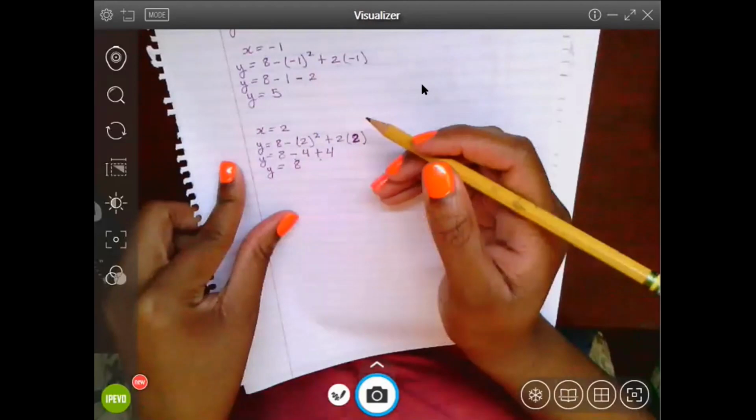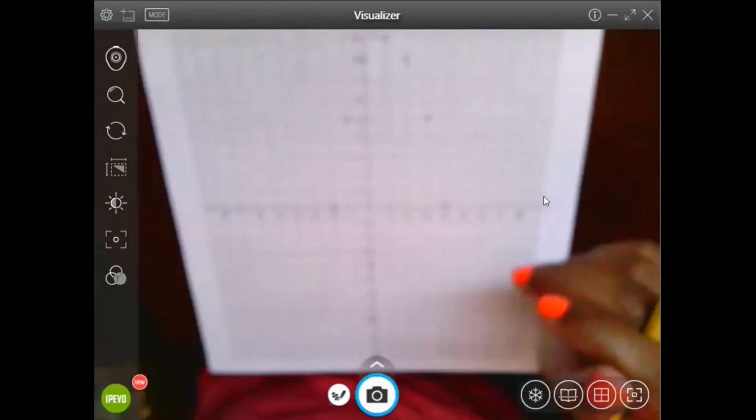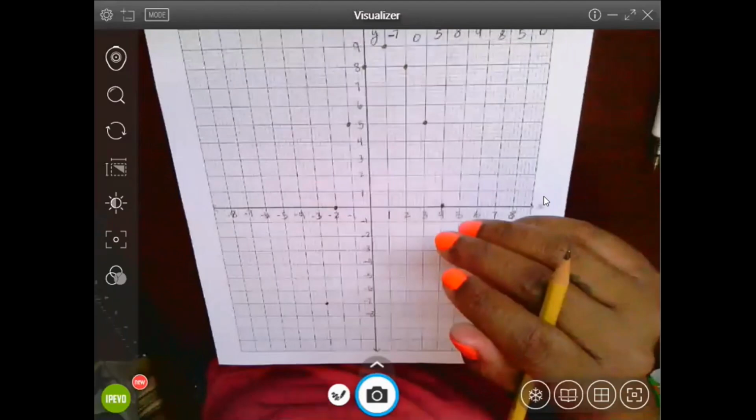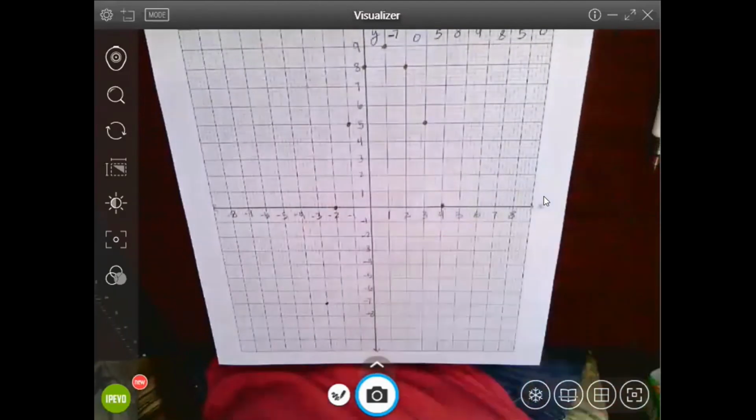I have all of my points plotted on my graph. Just taking a second to focus. All right, there you go, we focus again. So now that I have all my points plotted, I'm going to try my best to use a steady hand and connect all of my points.